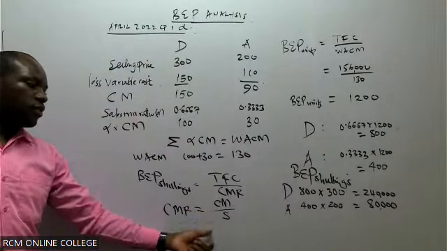That's why we've taken 800 for D, we multiply by the selling price of D. We've taken 400 for A, we multiply by the selling price of A. Once that is done, you now go ahead and get the summation, and that becomes the break-even point in shillings for the entire company.